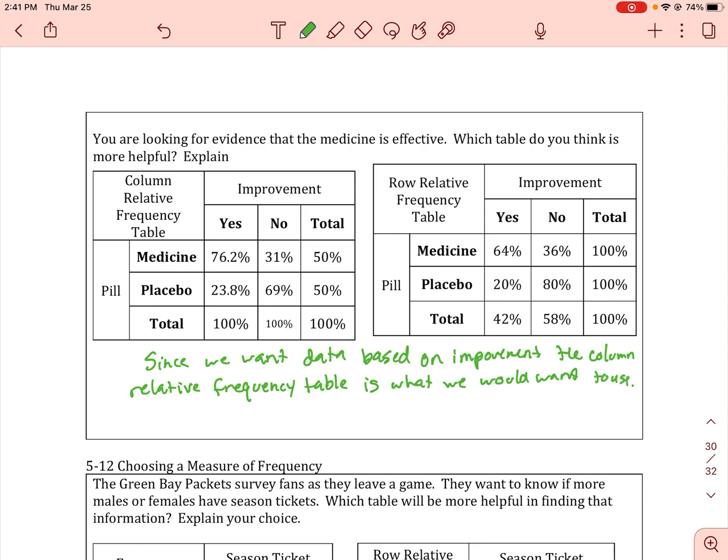So since we want to find out if the medicine is more effective, right? We want to find out that the medicine, so we want improvement.